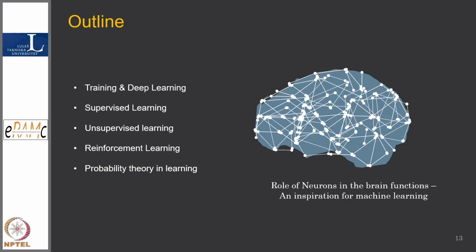So, as I mentioned, don't you think it looks like a neural network where neurons are connected, and in the frontal area we take our decision making? I will not go into the detail.